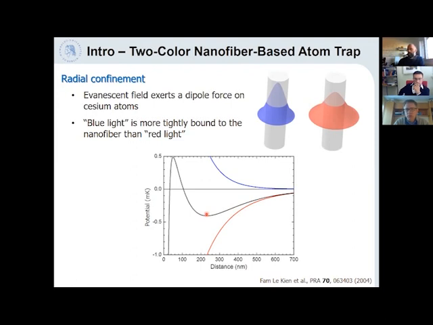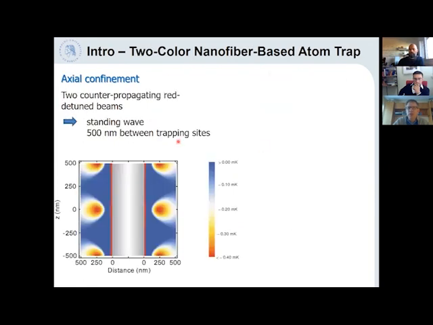In our experiment, we actually need to control the position in all 3 dimensions. But this can then be achieved along the fiber. The confinement is achieved by sending a counter-propagating red detuned light field, such that we have a red detuned standing wave. So the attractive potential is modulated like a cosine squared along the fiber.